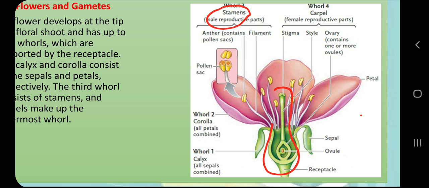This is the carpel, the complete female reproductive part. So calyx and corolla reside in the outer periphery. Calyx is green, a leaf-like structure which can perform photosynthesis.